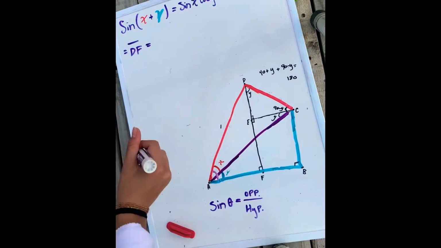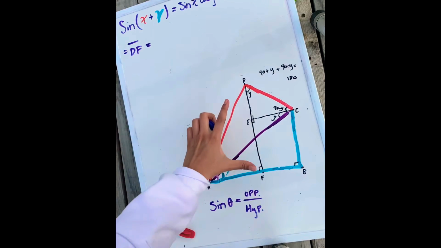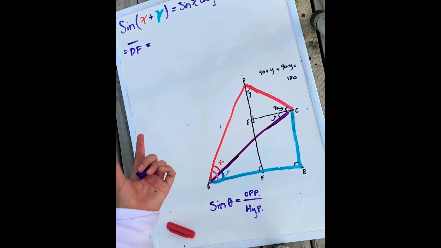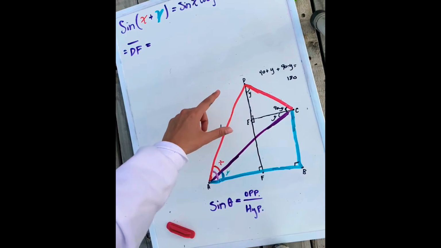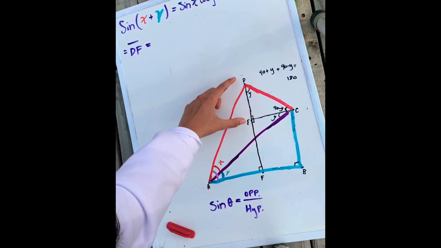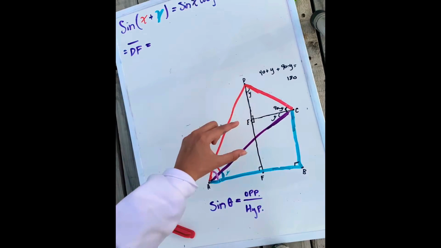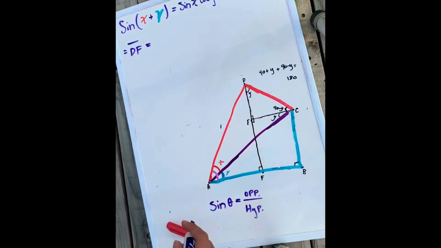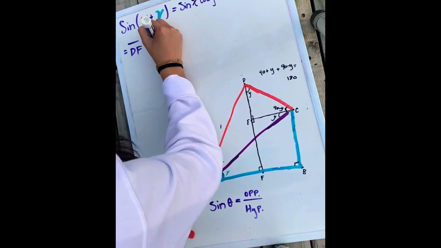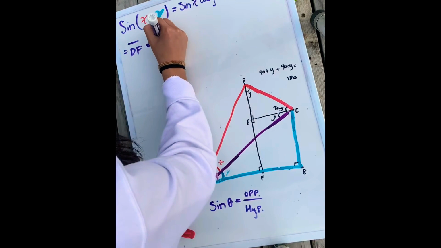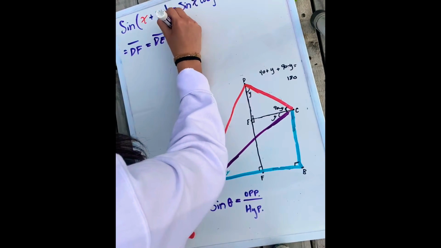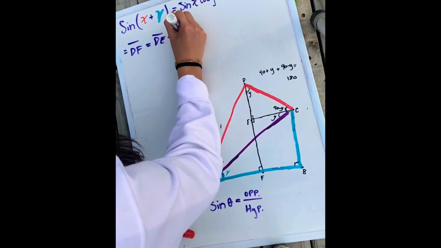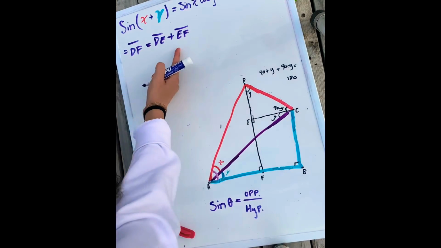Now, we can further take this big segment apart into smaller pieces. We know that segment DE plus segment EF is equal to segment DF.